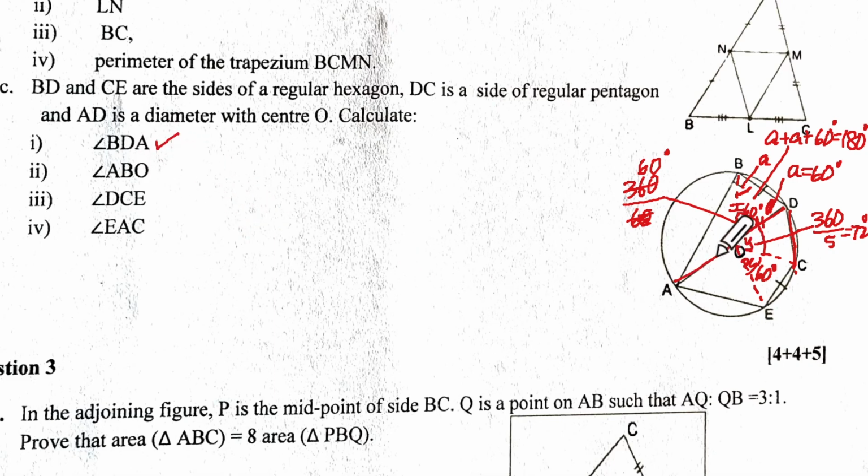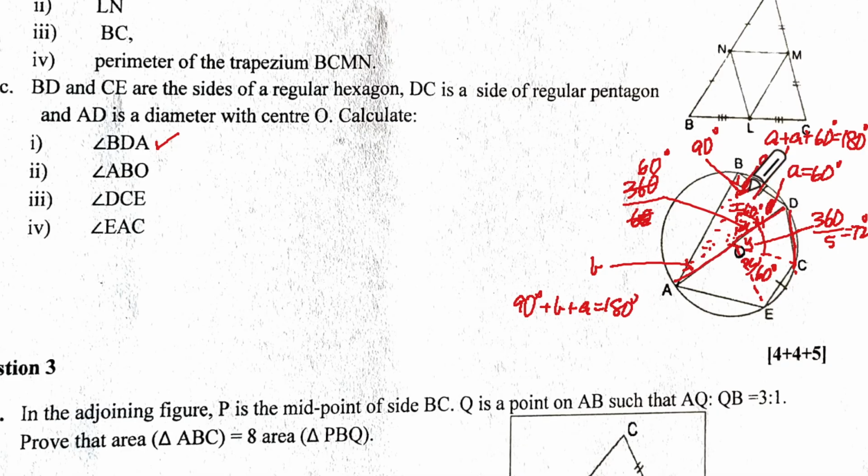What is ABO? This is 60, correct? Have they given you that this is 90 degrees? Even if they did not, did they say that AD is the diameter? Yes. So angle in a semicircle, this is 90 degrees. Now in this triangle, if I call this angle B, then 90 degrees plus B plus A equal to 180 degrees.